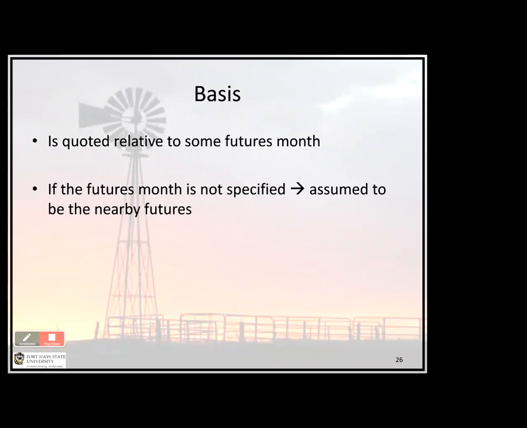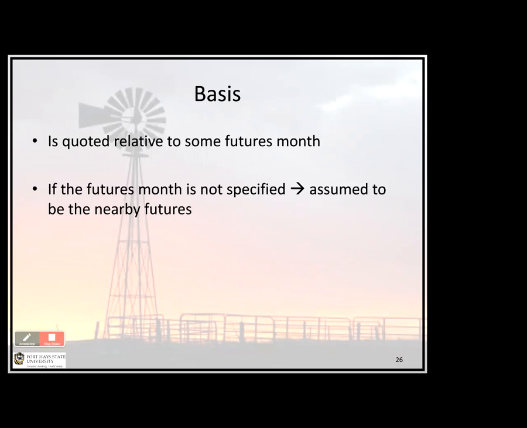Basis is quoted relative to some futures month. You could call up any elevator right now and say, what's the basis? And they're going to give you a number. They may say 40 cents under or $1.20 under. If they don't specify, you can assume they're going off the nearby futures.